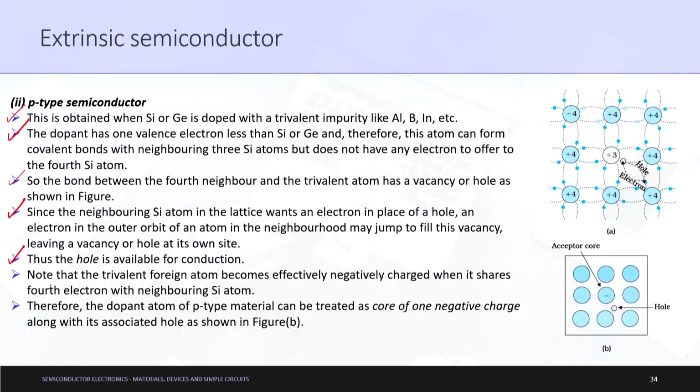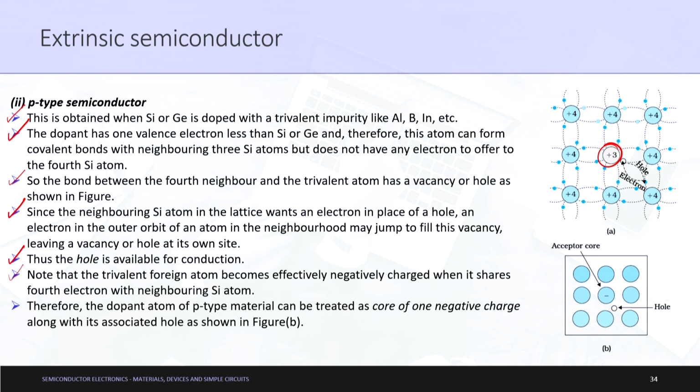Okay. Note that the trivalent foreign atom becomes effectively negatively charged when it shares its fourth electron with the neighboring silicon atom. Quite evident. Is it having plus 3 now? So, note the trivalent foreign atom becomes effectively negatively charged, quite evident, because the stable state for the trivalent atom is plus 3 only.